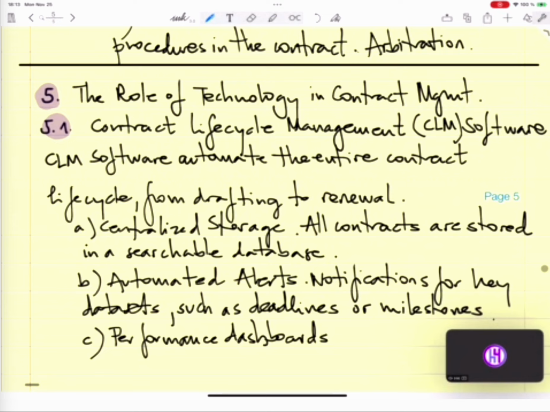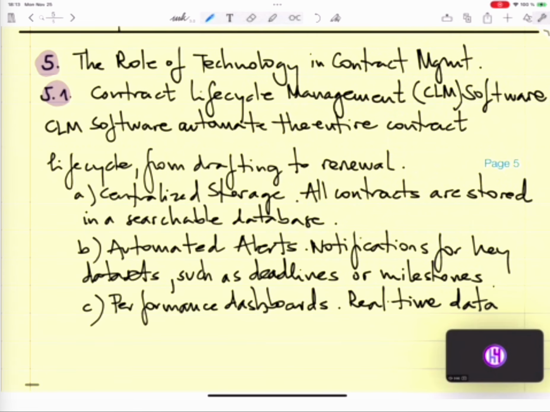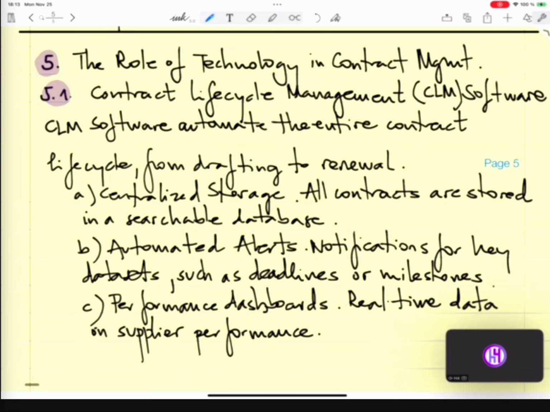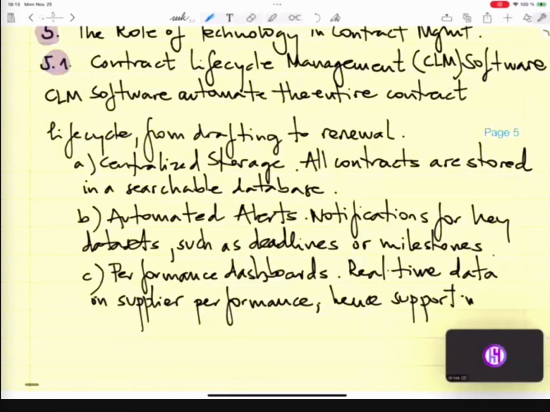Okay, so you have real-time data from your supplier on supplier performance, supporting decision making.